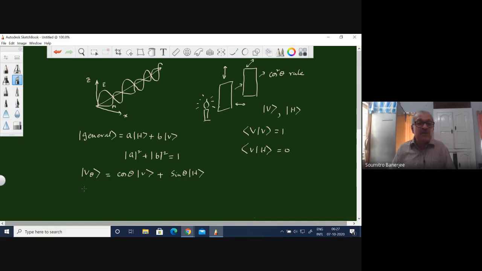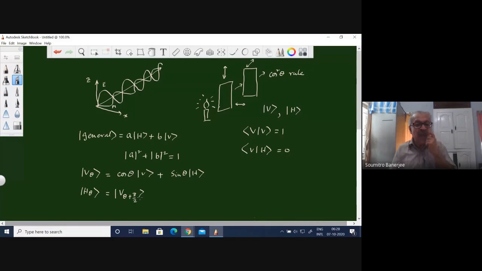What will then be the horizontal in theta? Horizontally polarized in the theta direction, any arbitrary direction, will be the same as vertically polarized in the theta plus pi by 2 direction. Same thing. So this is nothing but vertical polarization in a direction that is theta plus pi by 2.